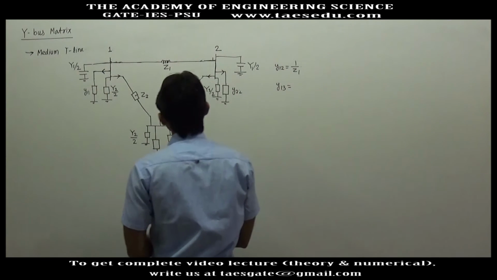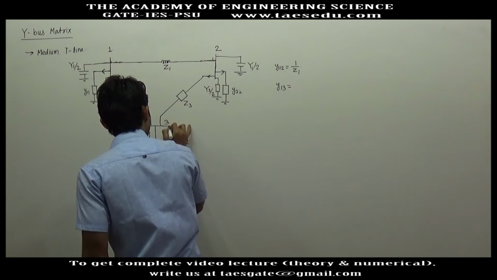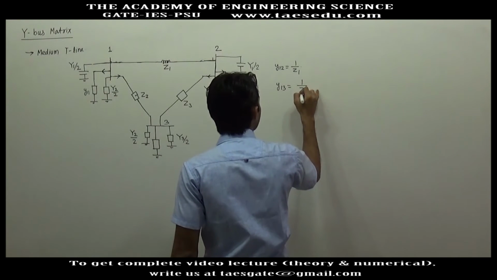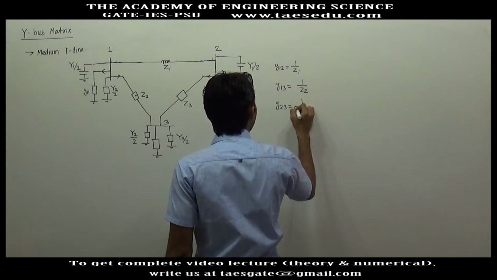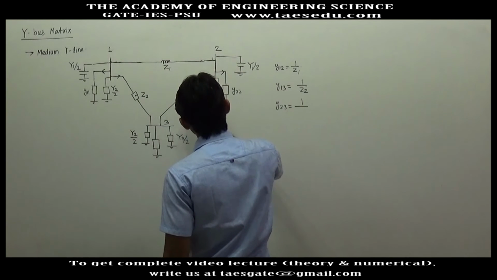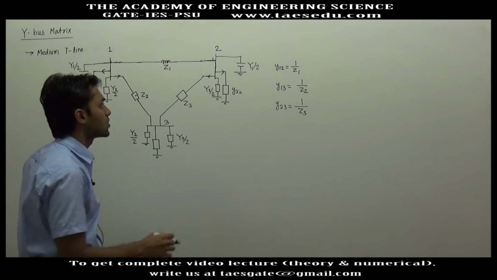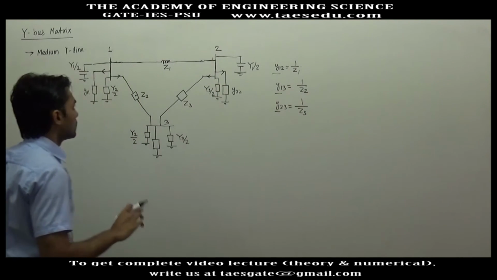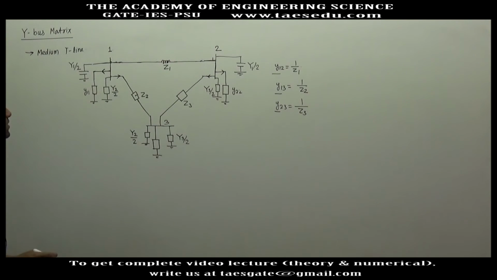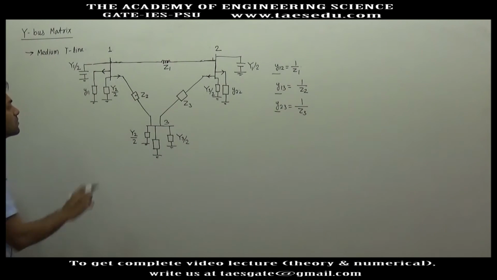Y13, the admittance between bus 1 and bus 3, will be 1 upon Z2, and Y23 will be between bus 2 and bus 3, where you have the third transmission line. So there is nothing new in the off-diagonal elements. Okay. So what is the effect of a medium transmission line? The effect is that overall the shunt element connected to a bus will be changed.